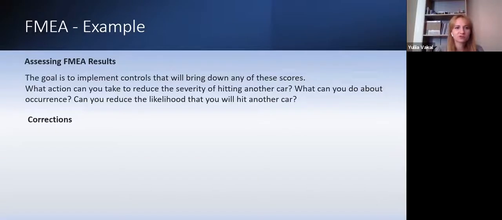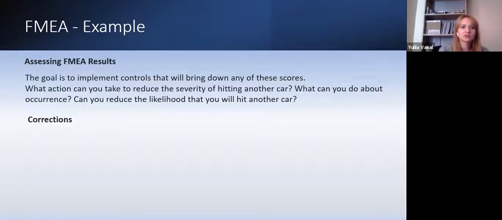Important. Failure mode and effects analysis is based on two things. The first one is defining all these causes and numbers, and the second one, which is important as well, is corrections.